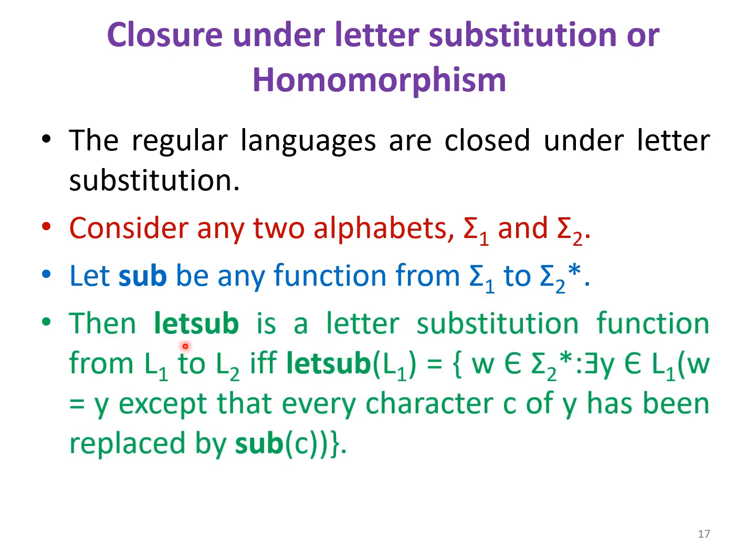Then sub is a letter substitution function from L1 to L2 if and only if letter substitution of L1 is equal to the set of strings W which belong to Σ2 star, where for some y belongs to L1, W is equal to y, except that every character C of y has been replaced by sub of C.